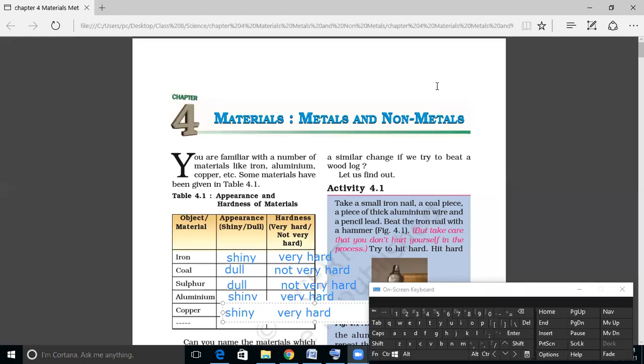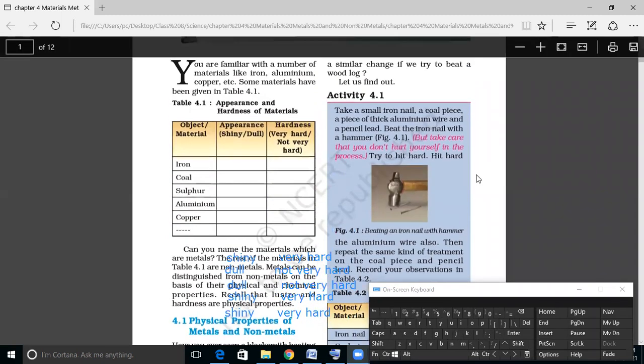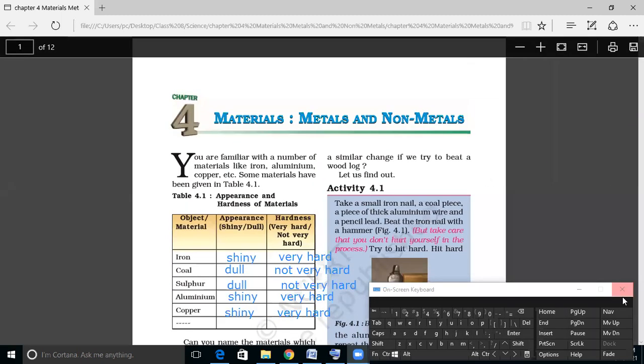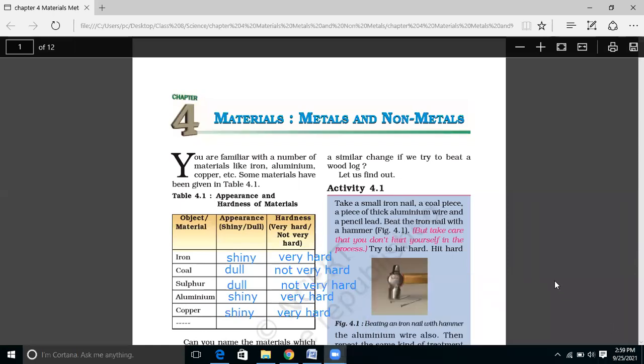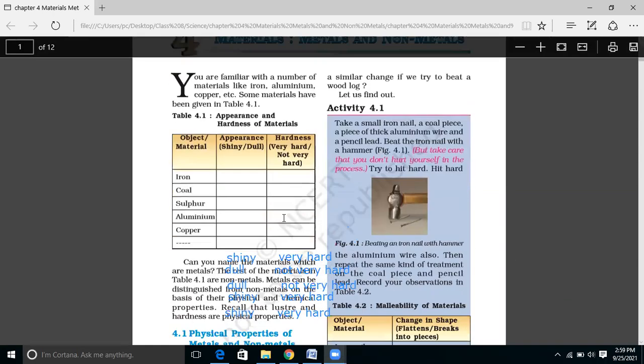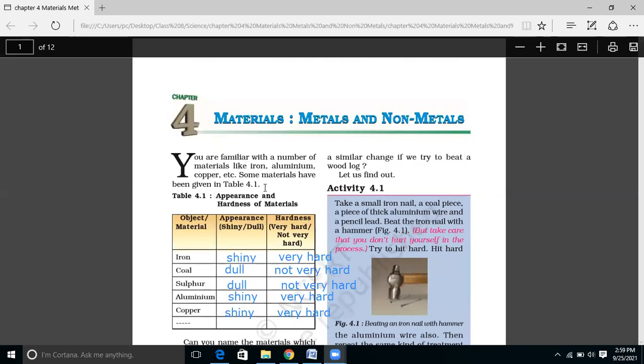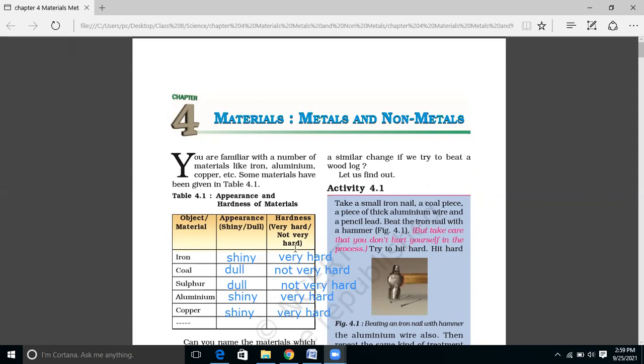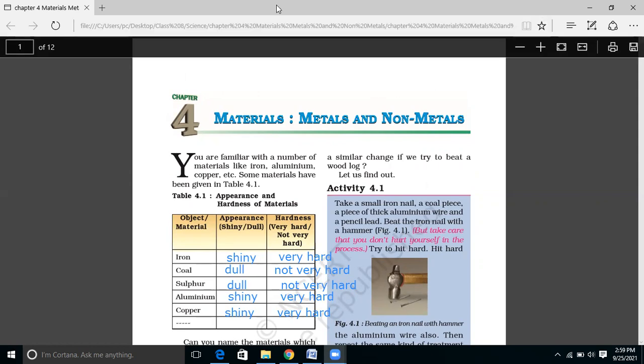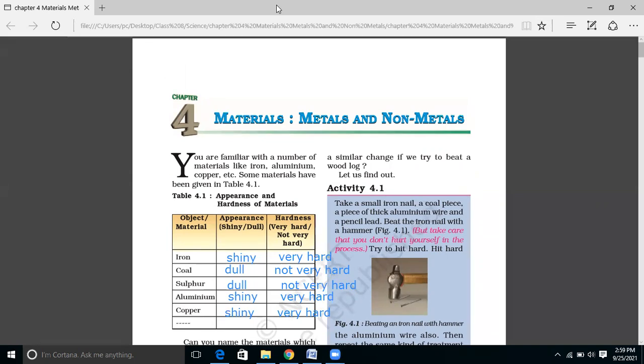Completed this table. So now we've seen that some of them are hard in substance, are hard and they are shiny also, and some were dull and not very hard. So the shiny and the very hard substances are called as metals.